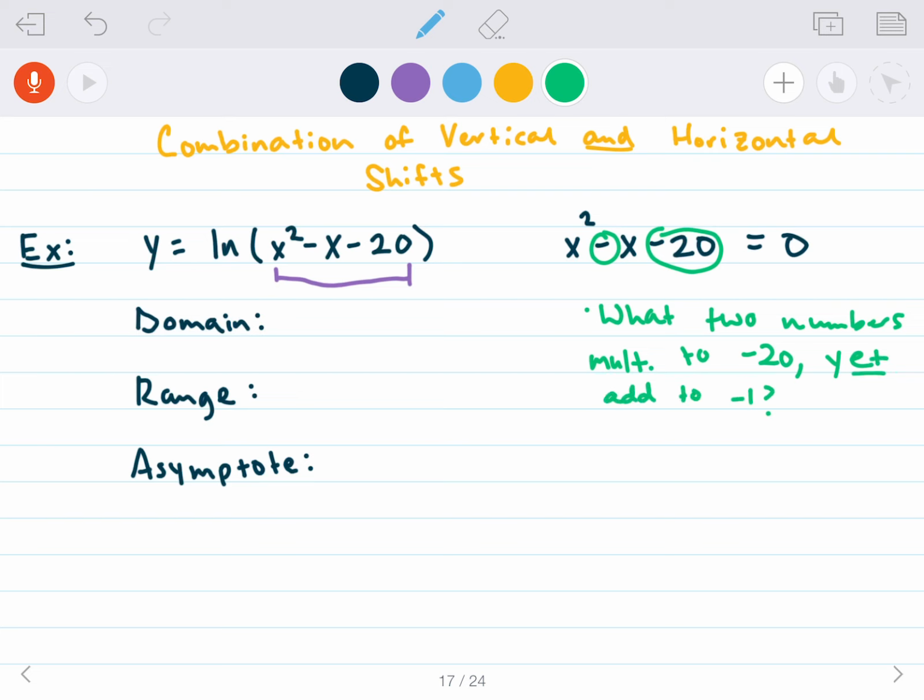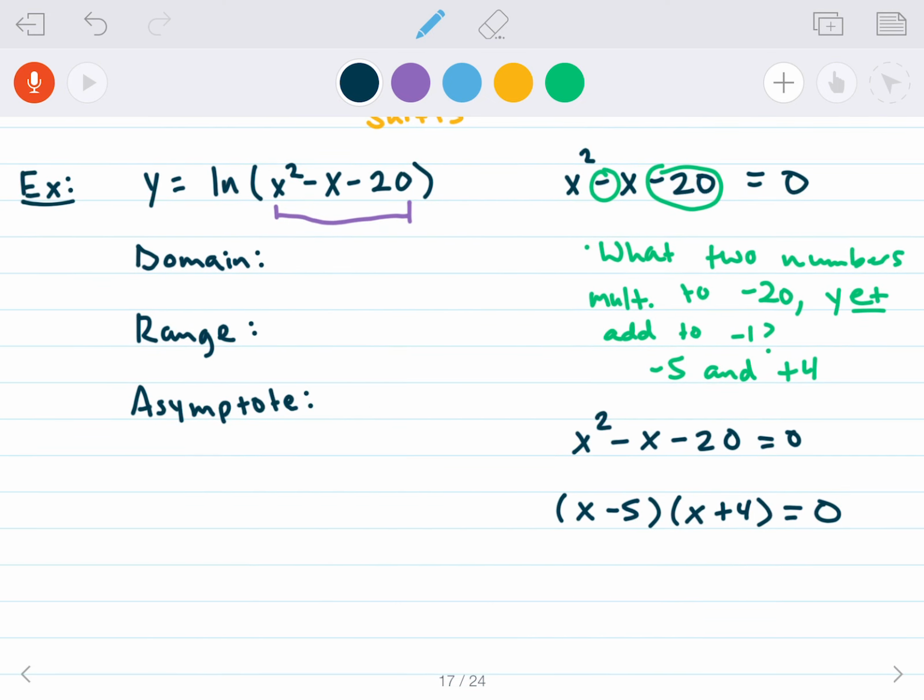What are those 2 numbers going to be? Well, that's going to be negative 5 and positive 4. All right, you multiply negative 5 and positive 4, you get negative 20. You add negative 5 plus 4, you get negative 1. Perfect. So this thing factors in the following way. We have (x minus 5)(x plus 4) equals 0.